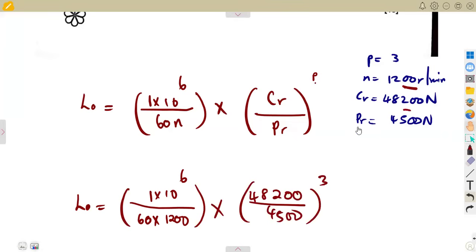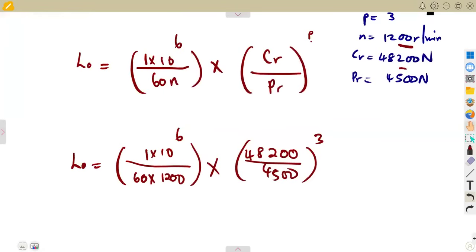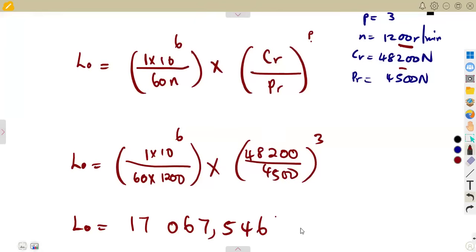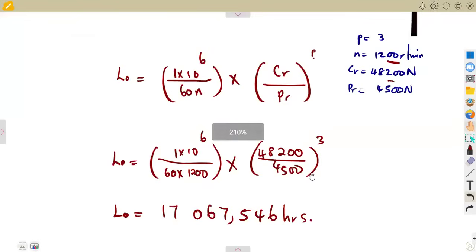So this was going to give us the answer in hours, which is 17,067,546 hours. That is what you're going to have at the end. So as you can see, guys, we have to be very, very careful in our simplifications.